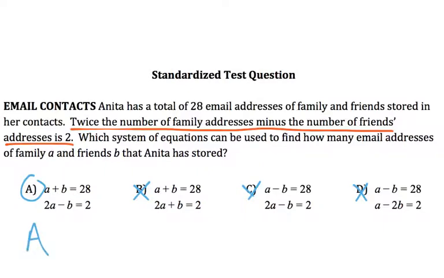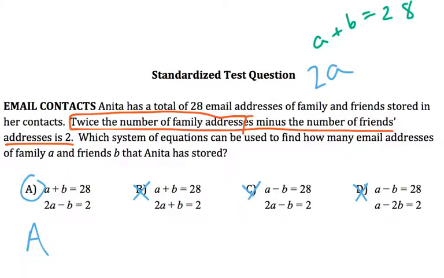And if you will, off to the side, just think about reading through this and doing it. Well, if she has a certain number of friends and family members, well, family and friends, and they sum up to 28, then A plus B equals 28. You could come up with this on your own. And then if I look at twice the number of family addresses, well, since family addresses is A, I could double that to get twice as much.